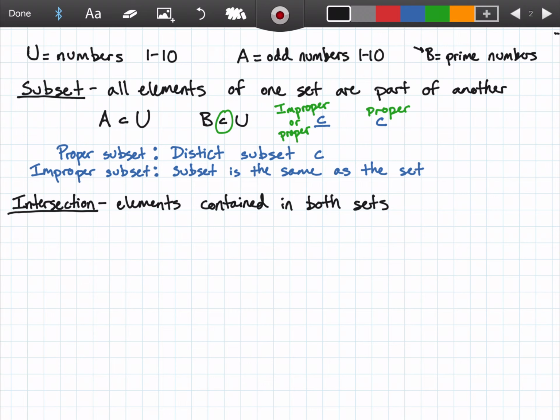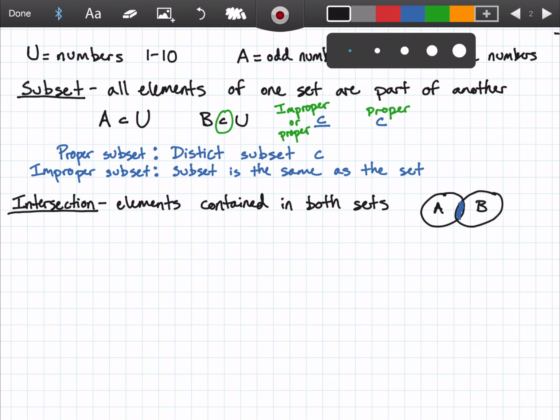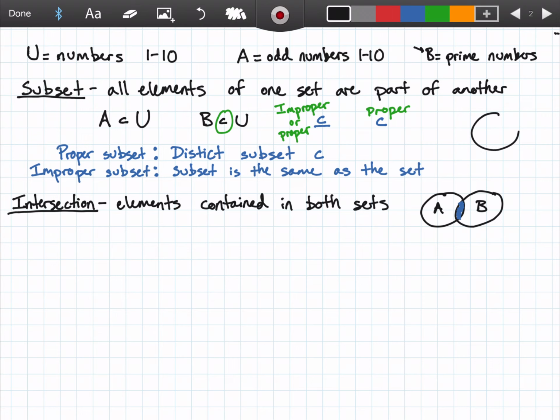For my visual friends, which includes me, I think it's helpful to have some Venn diagrams here. That intersection would be that overlap part. For a subset, that'd be something like this. This means that A is a subset of B.